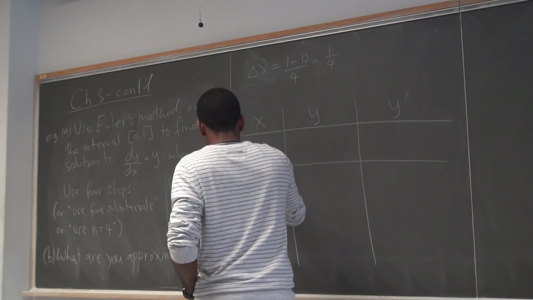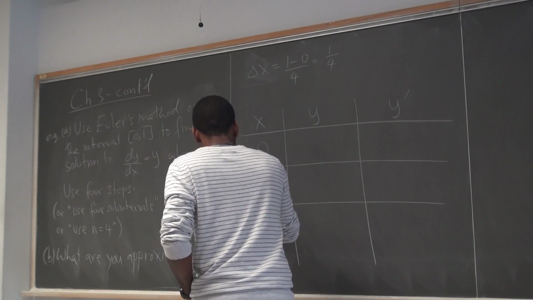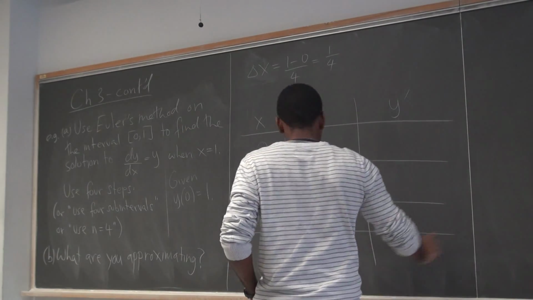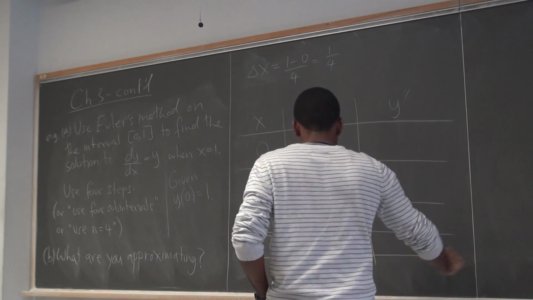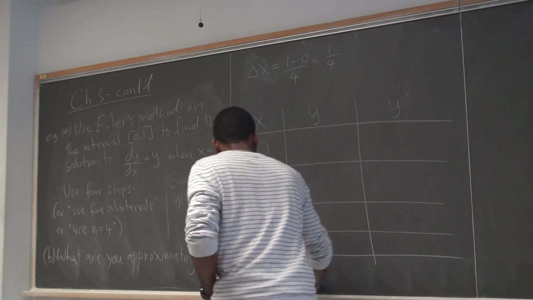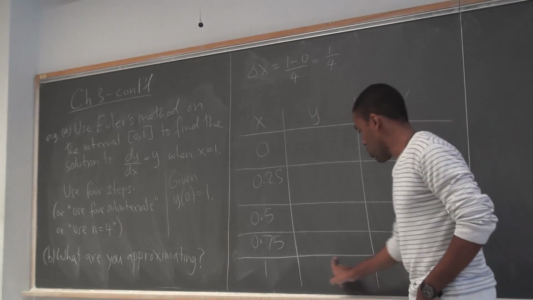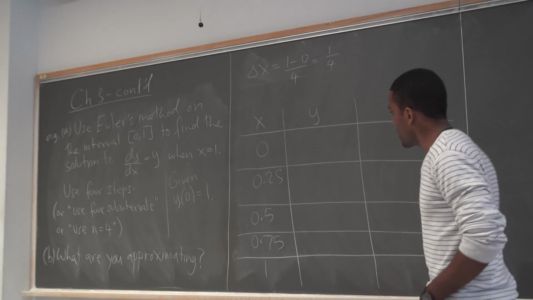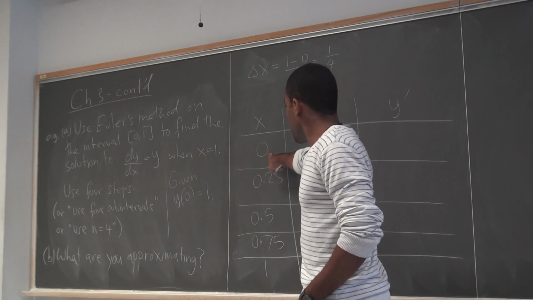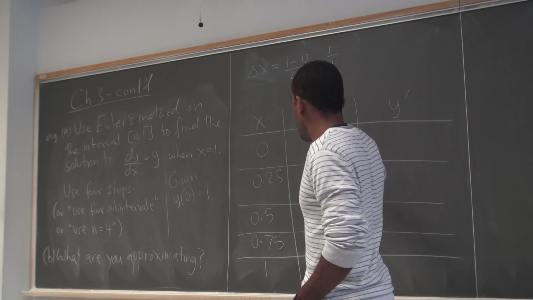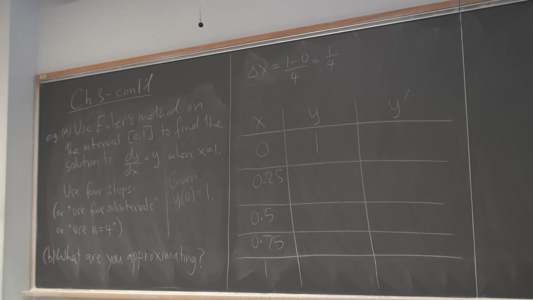So the next one is going to be 0.25. The next one is going to be 0.5. The next is going to be 0.75. And finally, I'm going to end up when x equals 1. And what I really want to do is find what is the y value when x equals 1. That's what we're after. However, I know when x equals 0, what is the y value? It's just 1. That's based on my initial condition. So those are these two guys here.